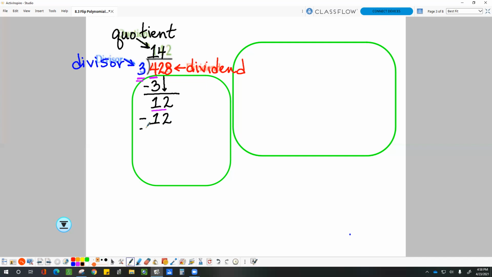And I subtract. 12 minus 12 is 0. And I bring down the next number, 8. So now I'm dividing 8 by 3. 8 divided by 3 is 2. 2 times 3 is 6, and I subtract, and I have a remainder.